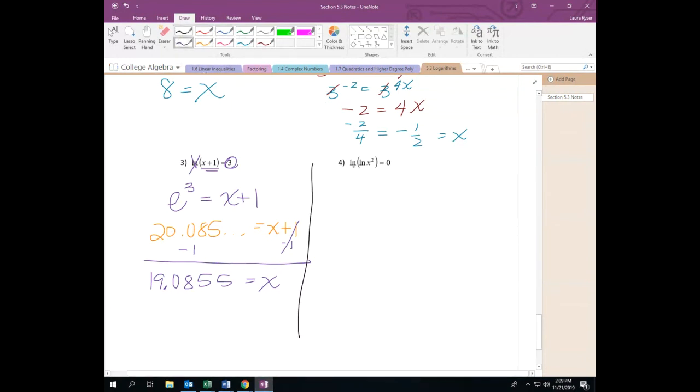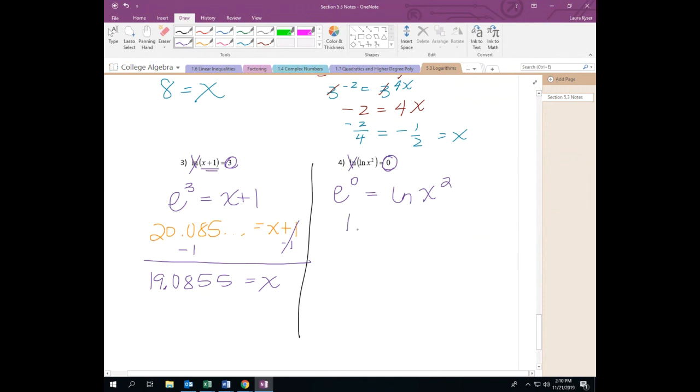All right, this one looks a little bit weird. We're going to replace this natural log with an e, but the power is 0, equals ln of x squared. Now, if you put in the calculator e to the 0 power, you get the same thing you get when you raise anything else to the 0 power.